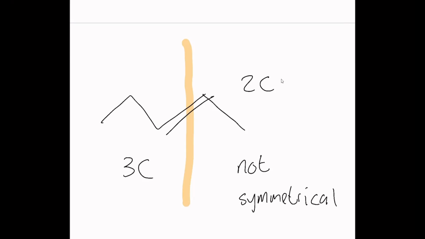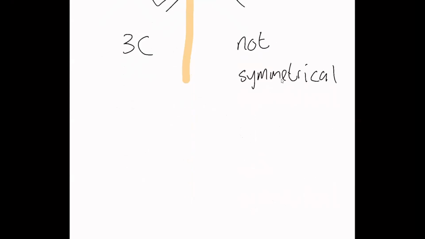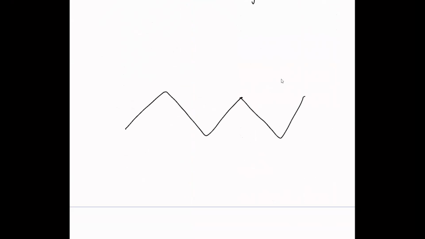Without going too far into other concepts and other considerations, we'll have a look at something like this. Put the double bond there, and then put a chlorine atom here and a chlorine atom there. Cool, and then draw the mirror down the middle. Is that symmetrical about the center carbon or the double bond?